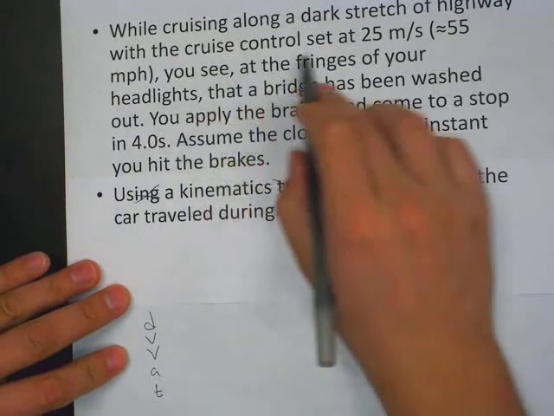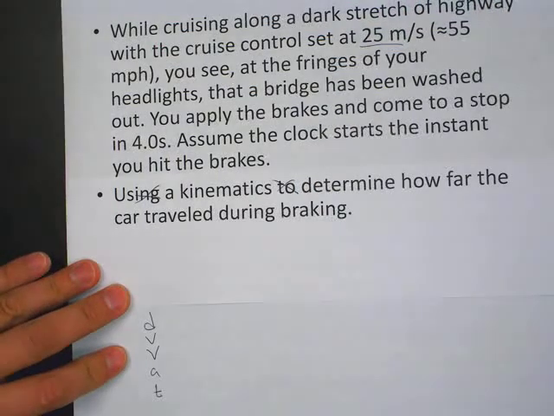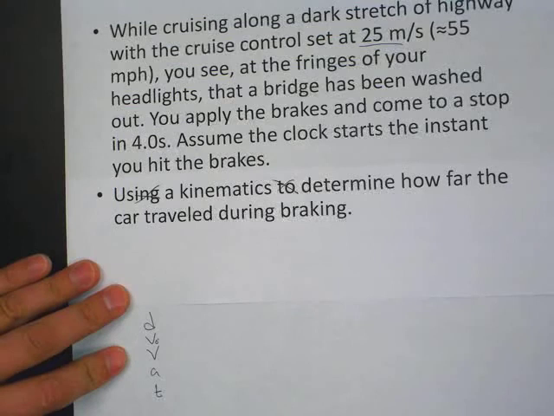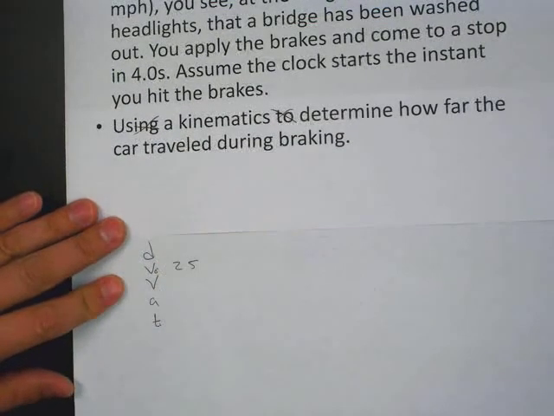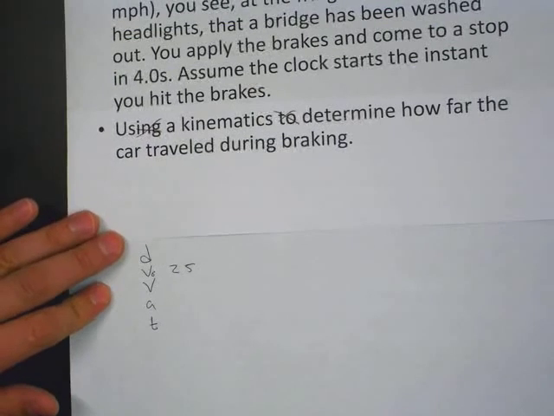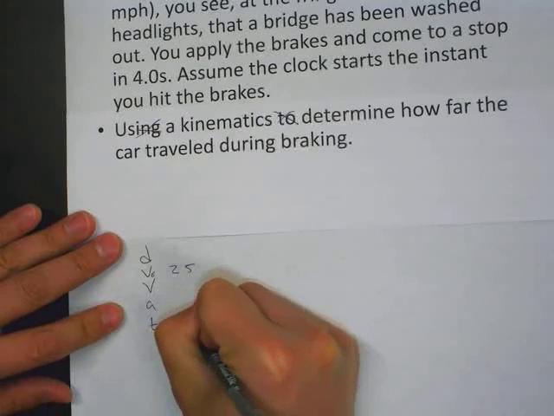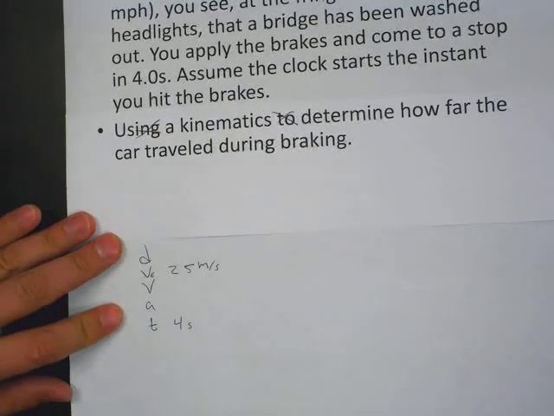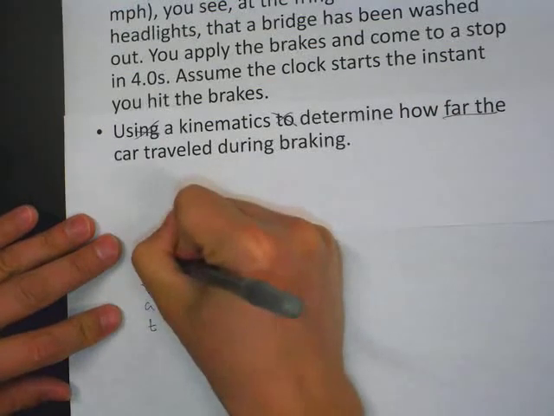The first thing is cruise control is set at 25 meters per second, so my speed at the beginning of the story is 25. You apply the brakes and come to a stop in 4 seconds, so we know my time is 4 seconds. How far the car traveled, question mark goes there.